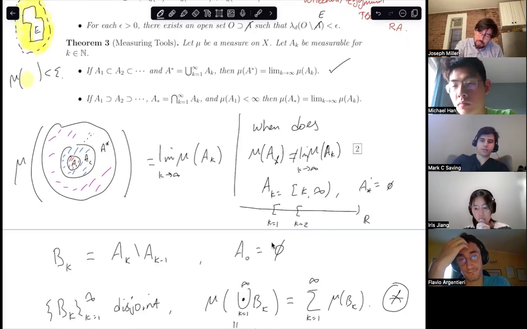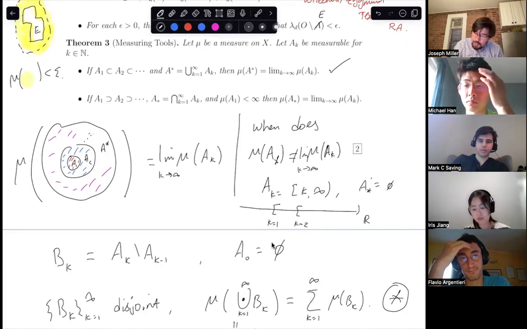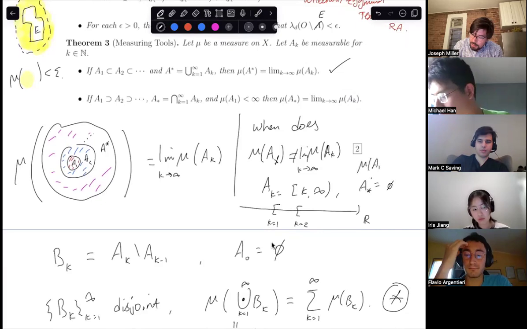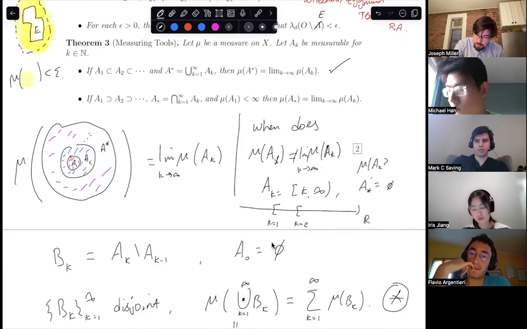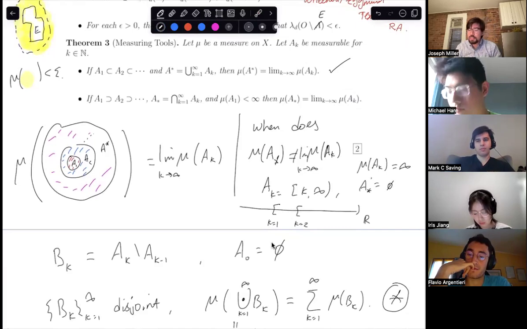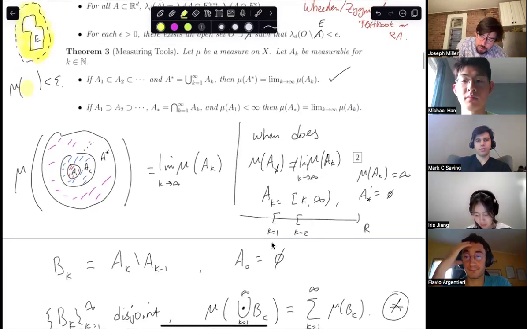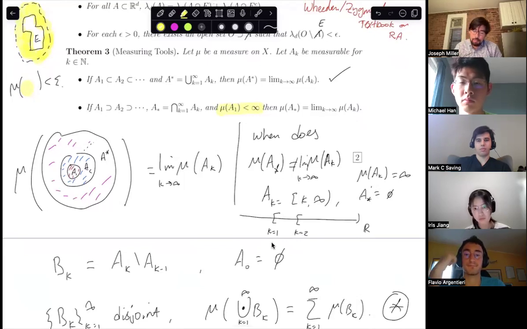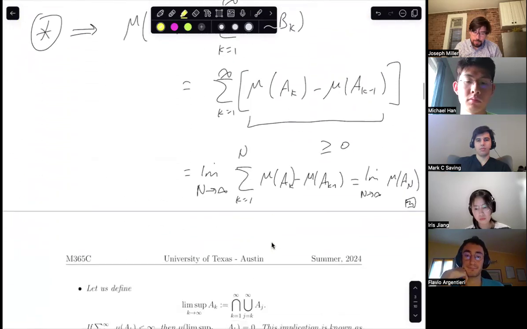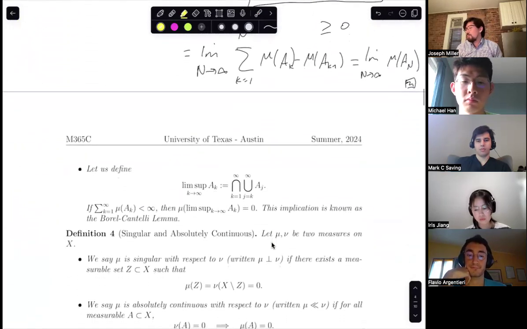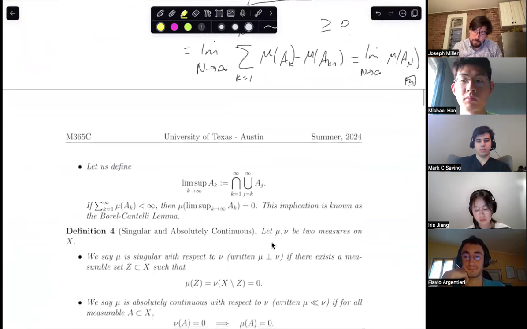So if it's the empty set, then each of the measures mu of A_k is infinity, because the measure of this interval is infinite. So the limits can't be equal. The left-hand side is 0, and the right-hand side is always infinity. So I crucially need this condition of finiteness in order to take limits.